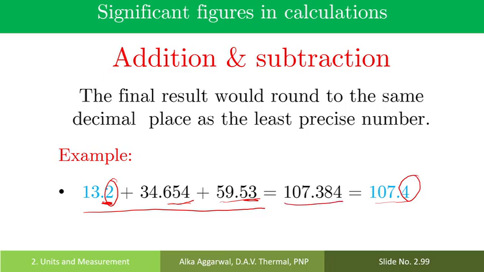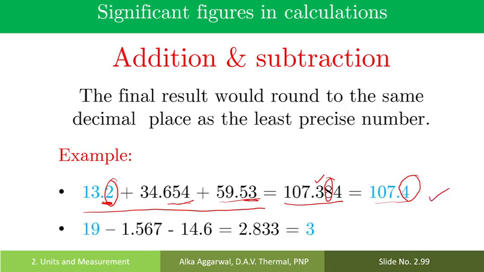So to retain one decimal place, we have to drop 8, and as 8 is greater than 5, the preceding digit is raised by 1 and the result is 107.4. Similarly, in this case, when we subtract the quantities, the number of decimal places in this reading is 0.